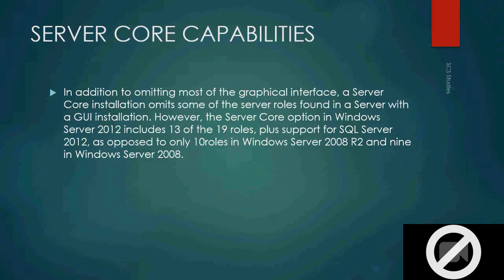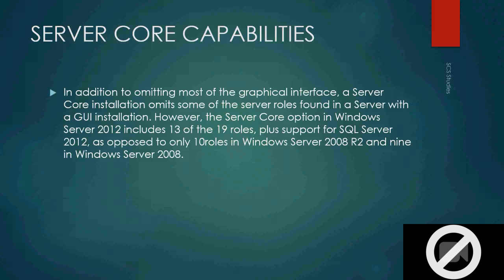In 2008 R2 it only supports 10 roles, whereas in 2012 we have support of 13 roles out of a total of 19. In 2008 R2 we have 10 roles in GUI mode, and we can get 9 out of 10 roles in server core in 2008 R2 and 9 roles in 2008 server.